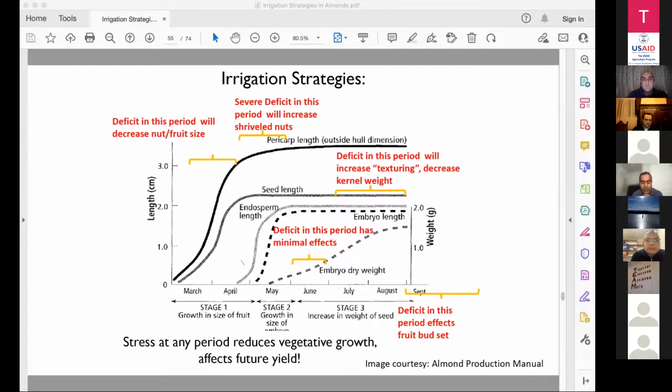In in-shell versus kernel crack-out percentage, Nonpareil is about 60 to 65%, whereas in many European cultivars it's only about 30 to 35%. So the yield potential for the European cultivars is less in those terms.